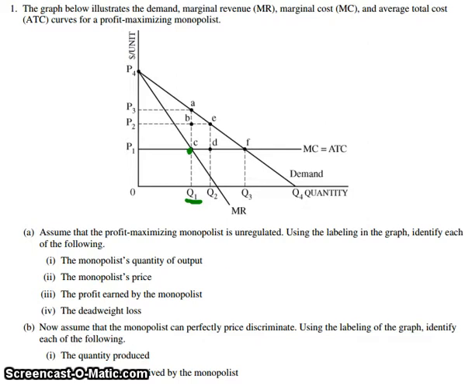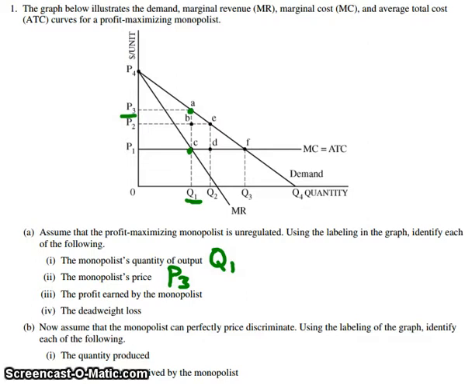So that answers that part. Then the price the monopolist charges comes off of the demand curve at Q1. So if we follow up, the demand curve is here, and that would mean P3 is the price that the monopolist will charge for quantity Q1, its profit maximizing output.